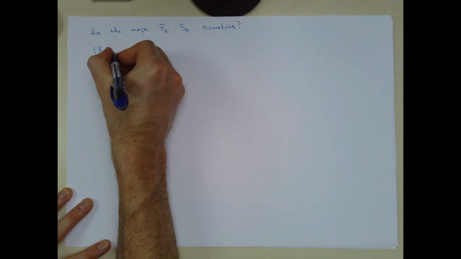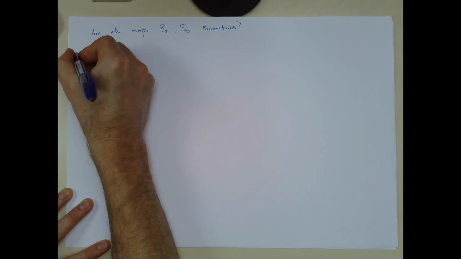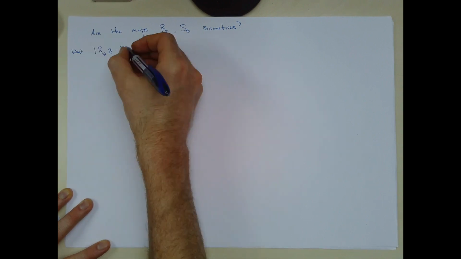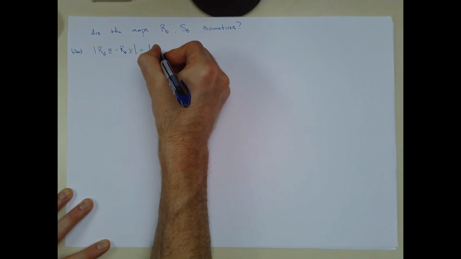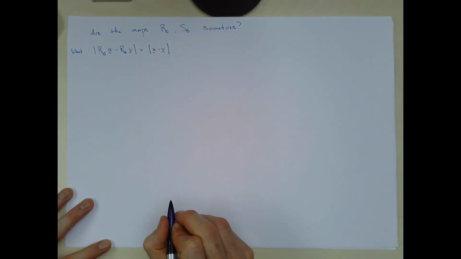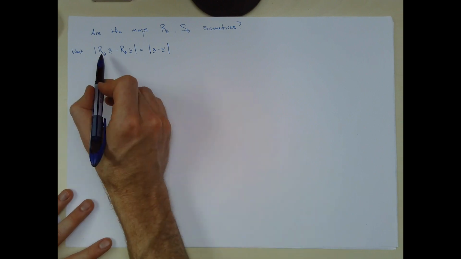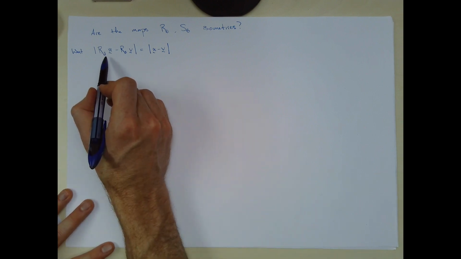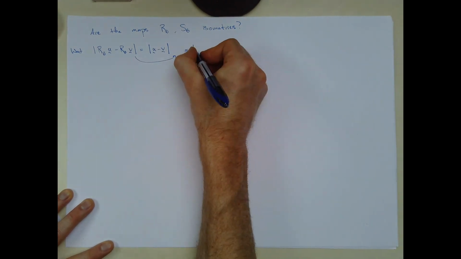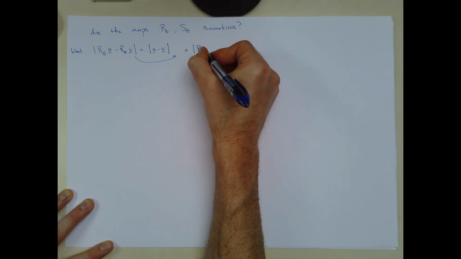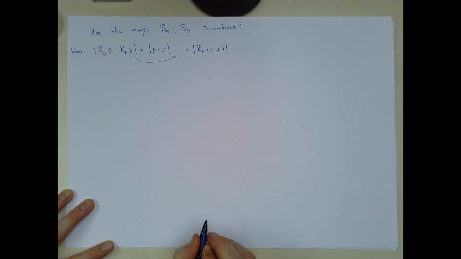Let's focus on the R_theta. What we want is that the magnitude of R_theta u minus R_theta v is the magnitude of u minus v for any u and v. Well, since this is just multiplication by a matrix, I can write R_theta u minus R_theta v as R_theta (u minus v).